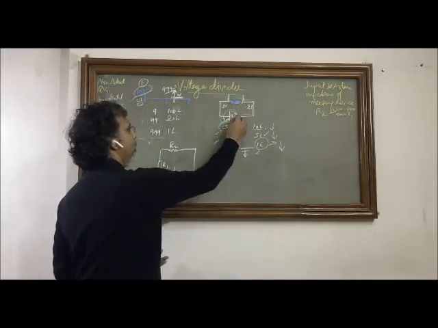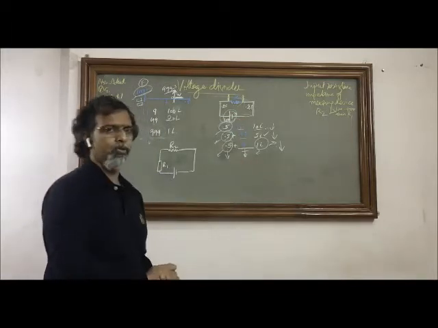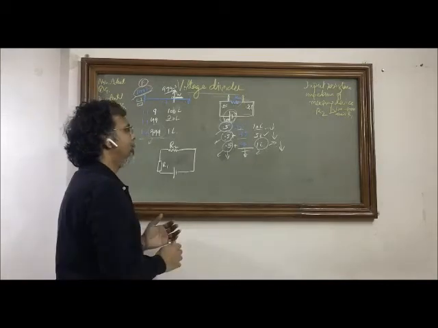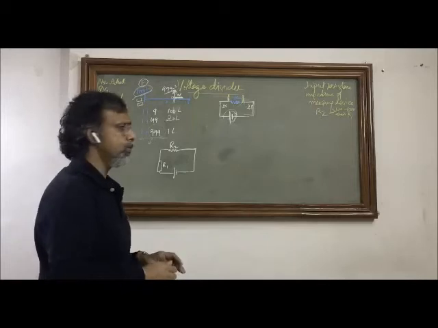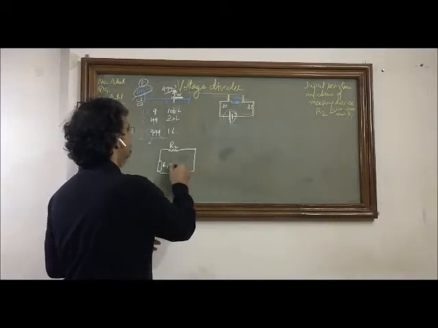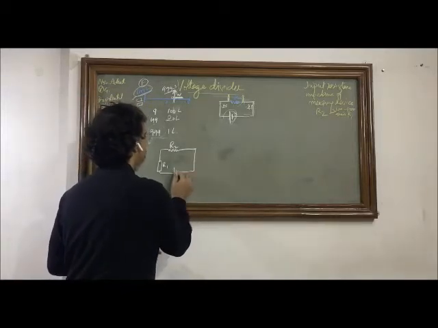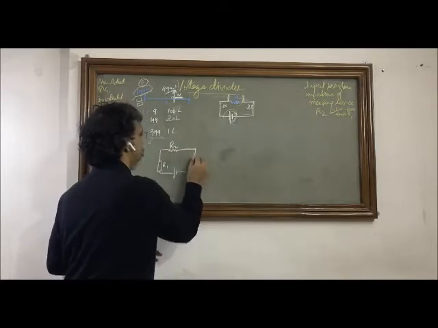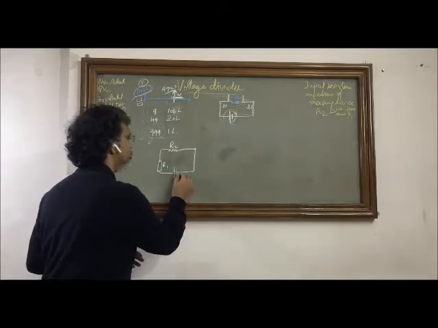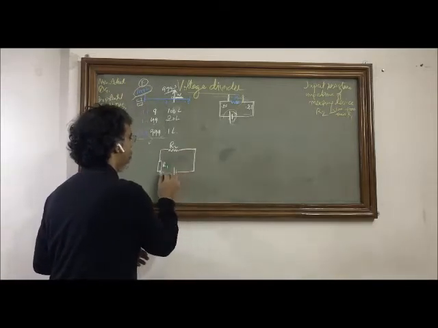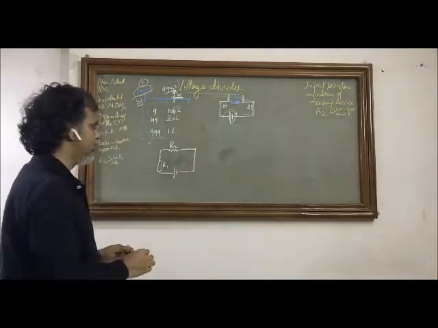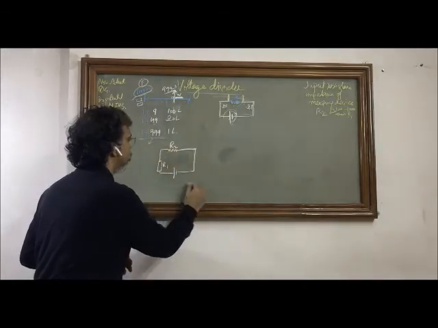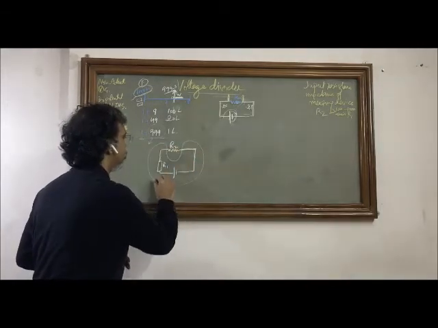Recall that at the start of this discussion, I mentioned that these wires have practically no resistance. Rather, they are part of the source, an extension of the poles. Just for simplicity of the diagram, we have drawn it like this. This complete thing is your source.